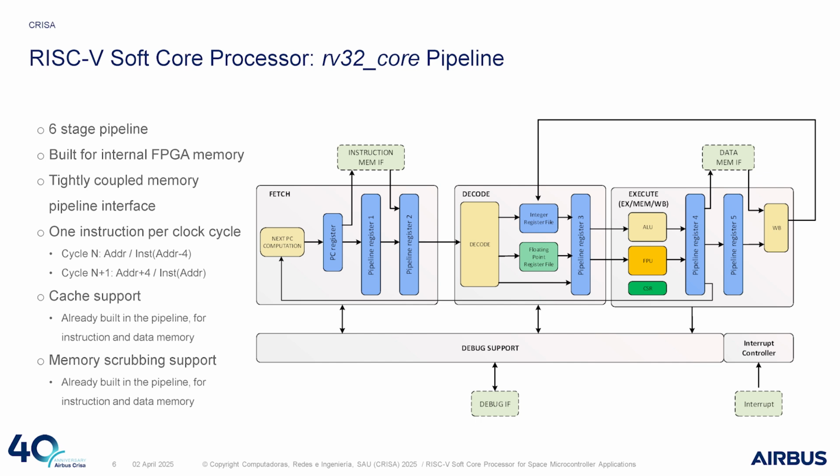The pipeline supports cache, supports scrubbing for the tightly coupled memory. So when the data is not available, the pipeline knows where to stop or to inject bubbles or do whatever. The debug support logic is controlling as well the pipeline and the interrupt controller.